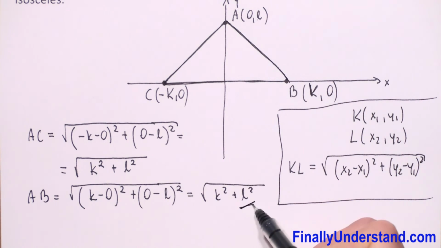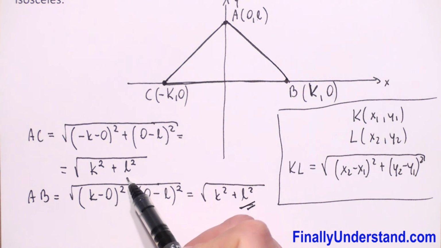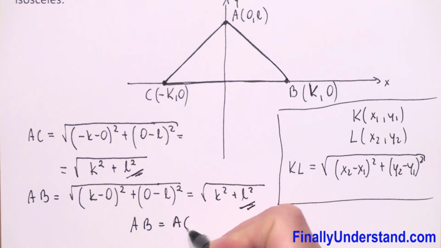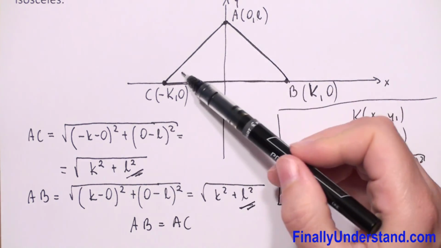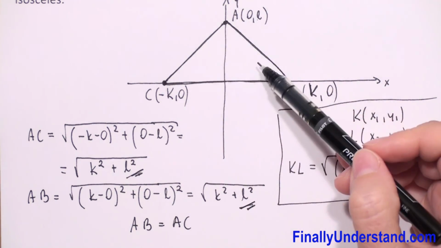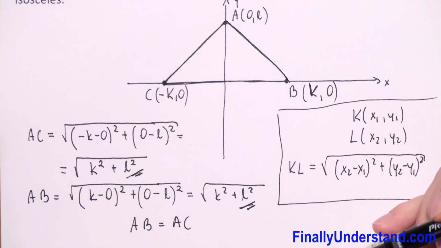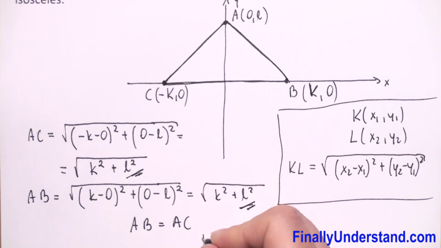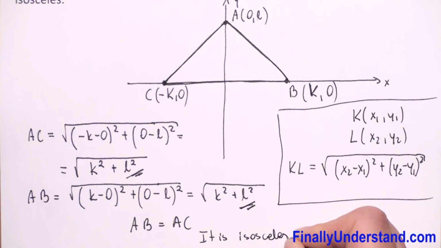So we got that AB is equal to AC. So because these two sides are equal, it means that our triangle is an isosceles triangle. This is my solution.